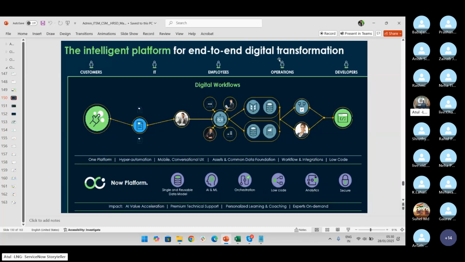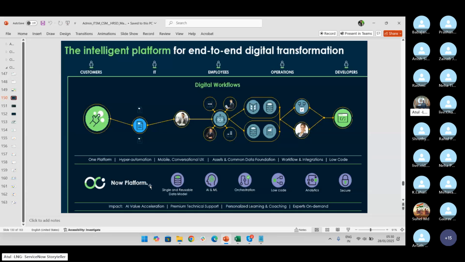Infrastructure management. Sometimes this CI is down, sometimes this server is down. How to manage that? We have the ITOM product here. And to improve everything, we have a developer, so there is a place for them too. So these are the 5 areas which use these platform capabilities.